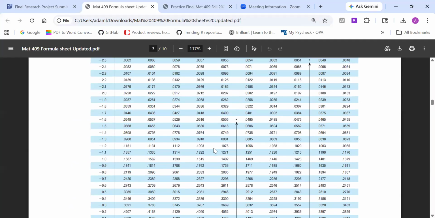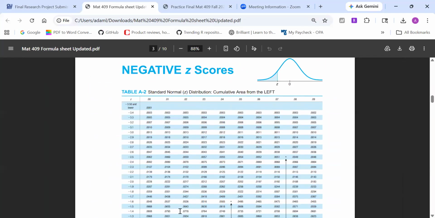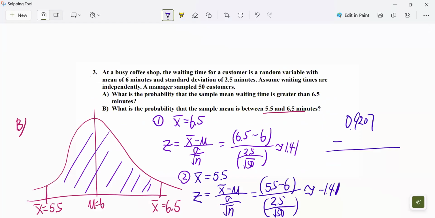We go to the first page, minus 1.41, and that turned out to be 0.0793. And the difference is the area in between.